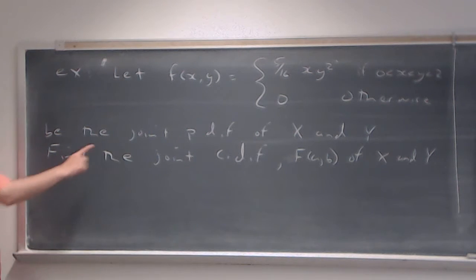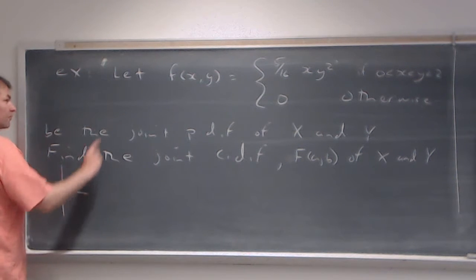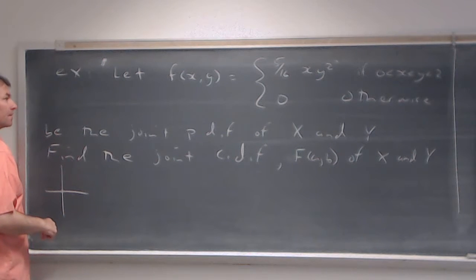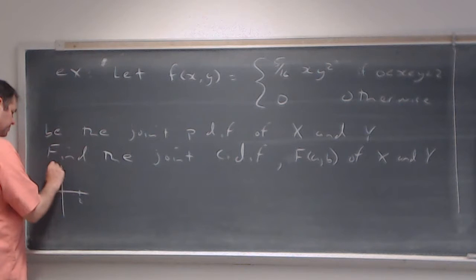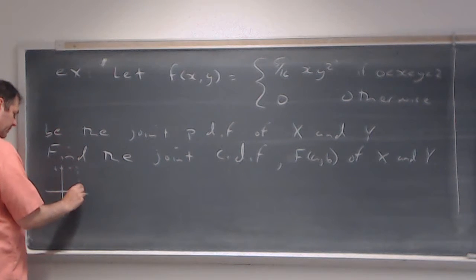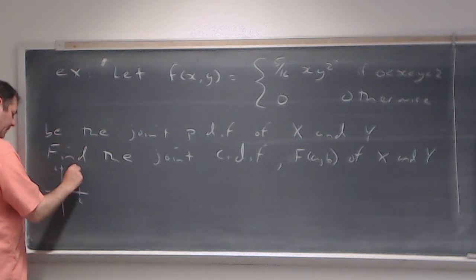Okay, well, let us recall here this region for which the joint PDF is non-zero. Here, if we have 2, well, that's supposed to be a square. Y equal to x is here. It's this region here.